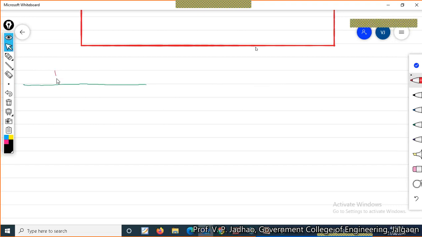Some load will be here from these two columns. This footing is subjected to a uniformly distributed load, which we have just calculated. The value is 640 kilonewton per meter.